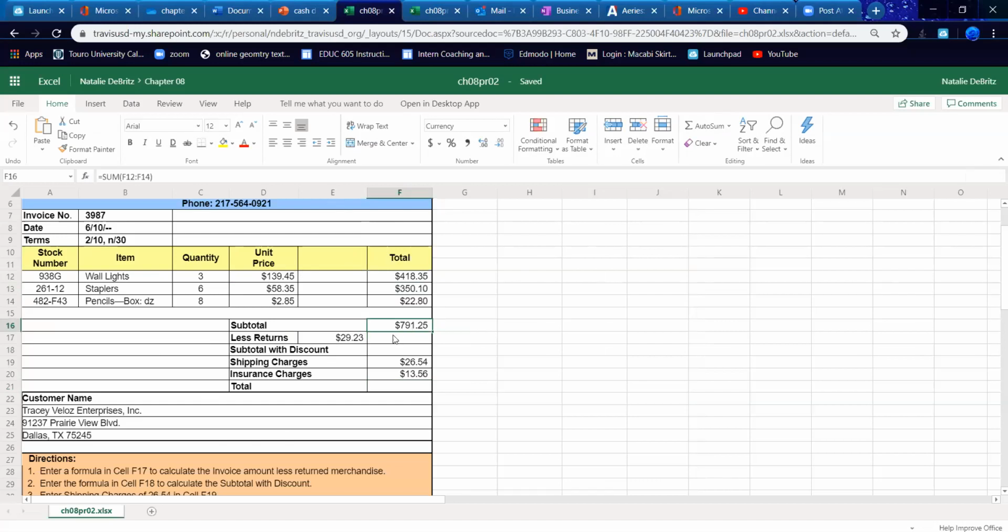So it's going to be equal to the subtotal minus the returned amount. So that's how much they owe now, but then they're going to get a discount. If it doesn't say what the discount is, let's just say the discount is 2%.